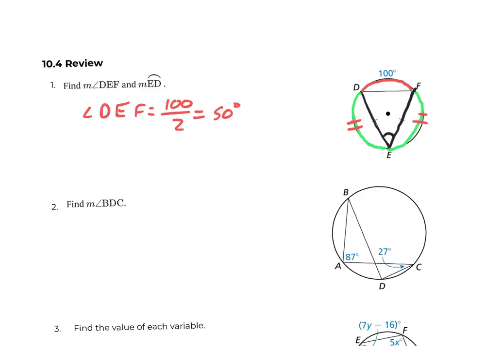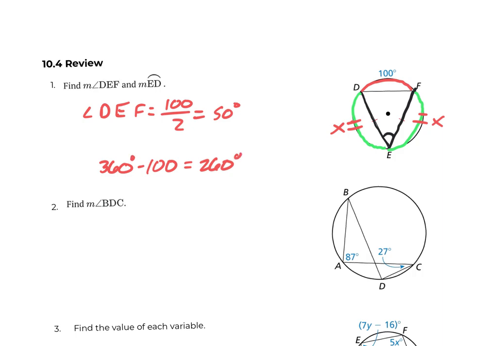What do we know about a full circle? 360, okay? So I can take 360. If I labeled this as X and this as X, then I could take 360 minus 100, which is 260 degrees.